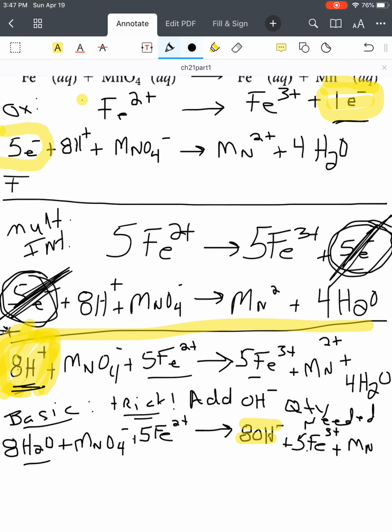Running out of space. As is my Mn2 plus. As does my water. And I had 4 copies of that. Makes sense? All right.